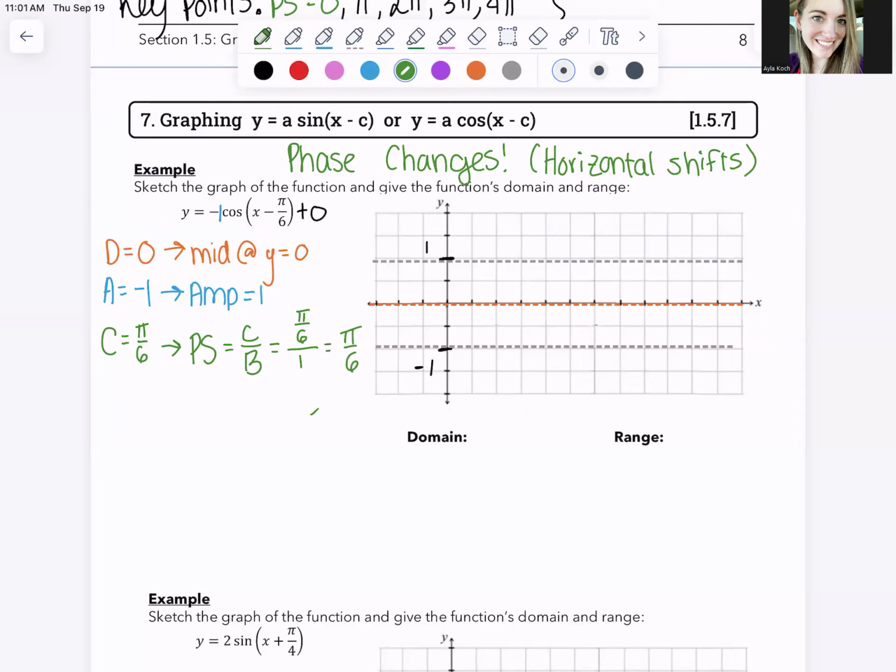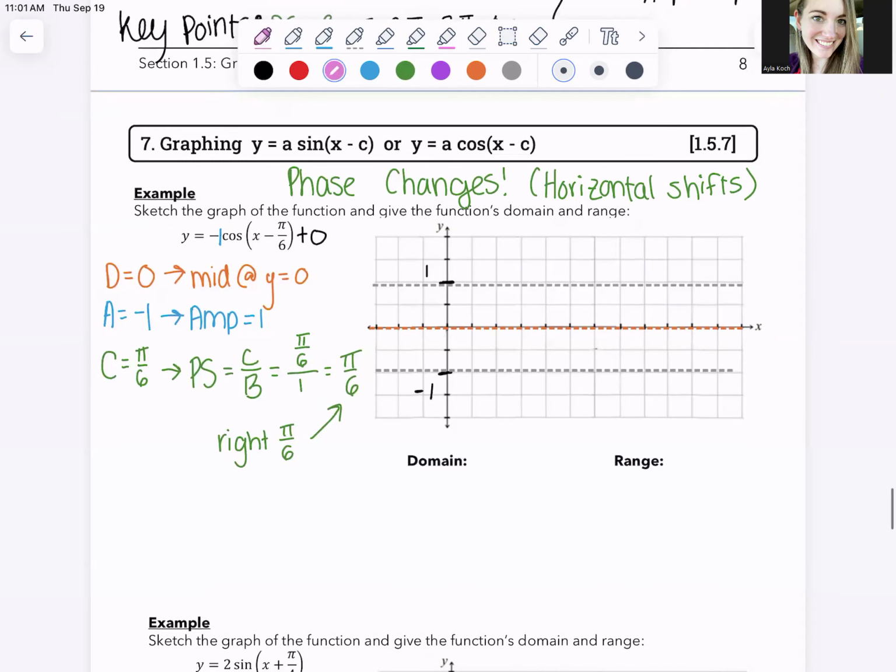So that's saying that we're shifting to the right pi over 6. And B, we already said was equal to 1 right here. And that means our period is 2 pi.